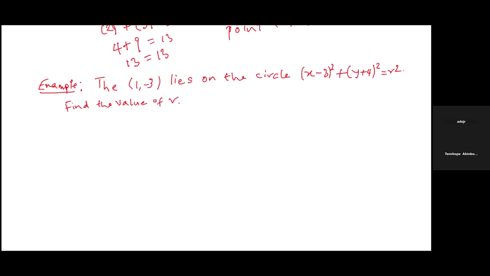So write the question down, then attempt it when you are through writing. So what we do first is substitute the x and y of the point into the circle equation. Very good. That solves it.